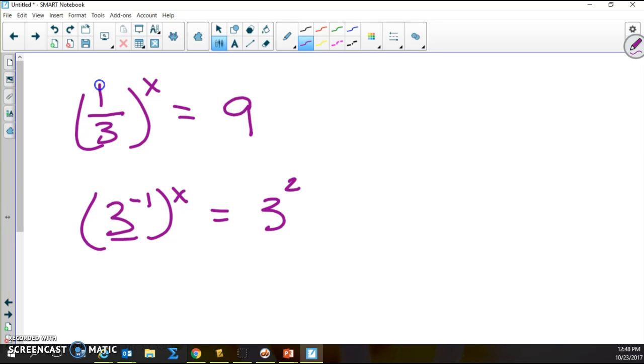Well, since we have our bases congruent, I know my property of exponents, a power raised to a power is simply multiplication. So negative 1 times x, negative x, and the power on the second side is 2. And solving for x, we can see x is equal to negative 2.